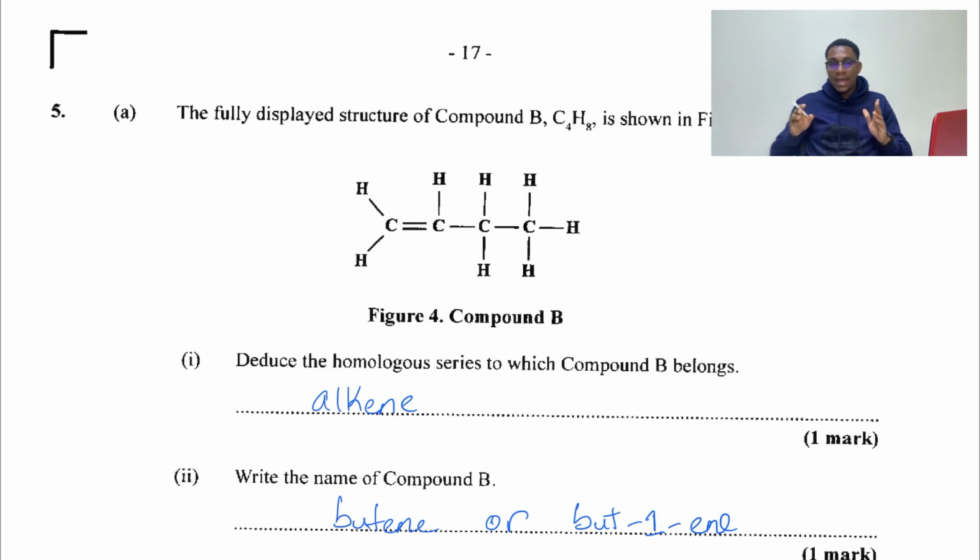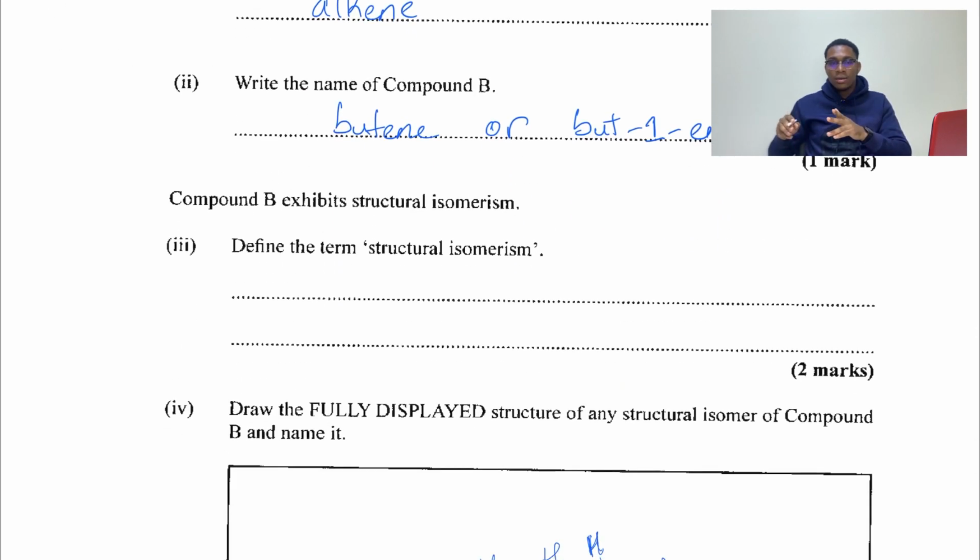And remember, when we're doing naming, the functional group or whatever it is is given the lowest number carbon.